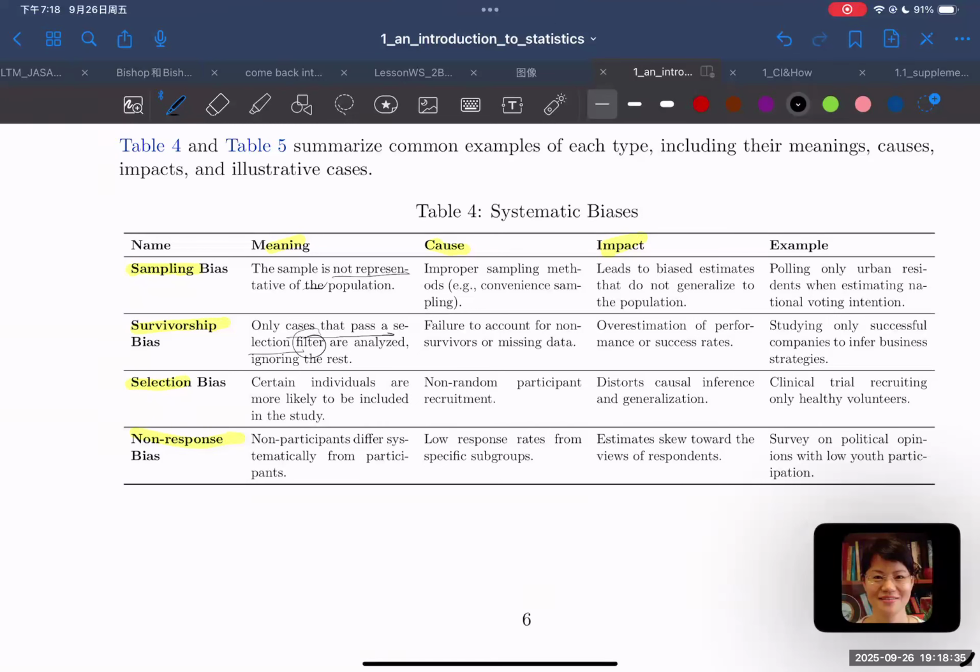For example, you students here: if some study investigated among you guys and we have a conclusion, it may not represent the domestic China postgraduate status. Why? If you go to Hong Kong, you have to pay the tuition, right?